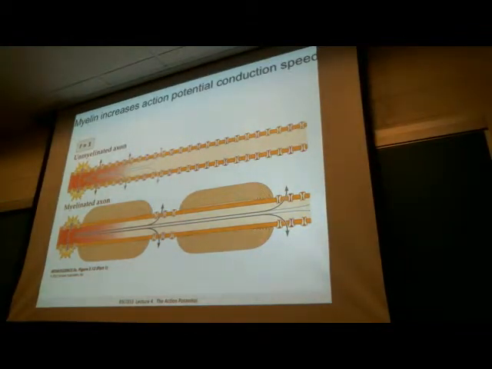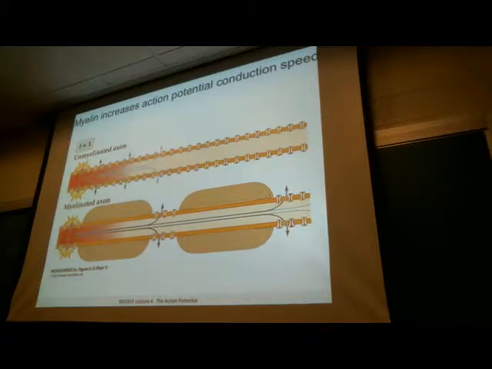Let's imagine that this is your initial signal, and it's declining like that. If we wrap it in myelin, what's going to happen to this signal? Is it going to be bigger or decay faster? Bigger. So it starts off the same, but because it's less leaky, it's going to move along like that.